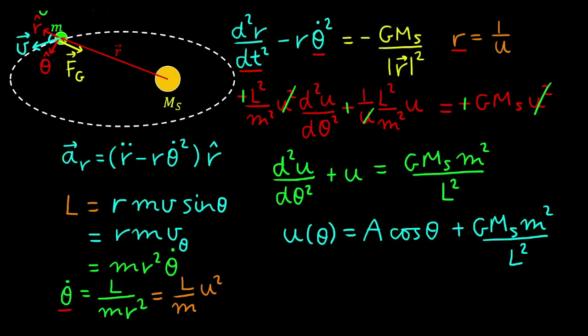And now we can substitute back for r. So u is equal to 1 on r. And therefore, we can write r as the reciprocal of this term on the right hand side.